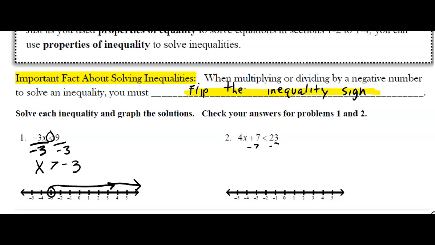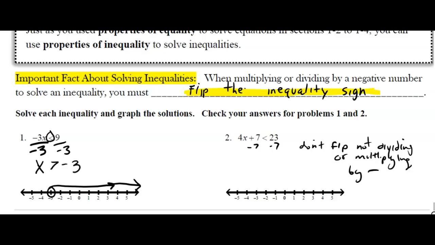Over here, so here when I subtract 7, I don't divide, sorry. I don't flip because I'm not dividing or multiplying, okay, by a negative.